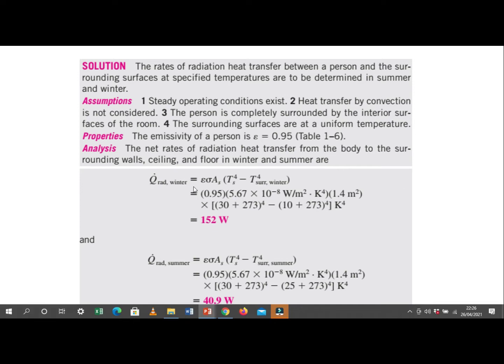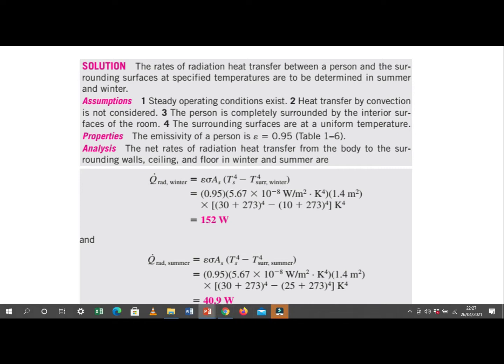The radiation heat transfer between the two surfaces can be determined by this formula: emissivity, that is given in the table, 0.95, and the Stefan-Boltzmann constant, its value is given and it's constant, and A_s is the surface area of the body, and T_s is the surface temperature of the body, and T_surr is the surrounding temperature in winter. By putting all the values you will get 152 watt, the rate of heat transfer.